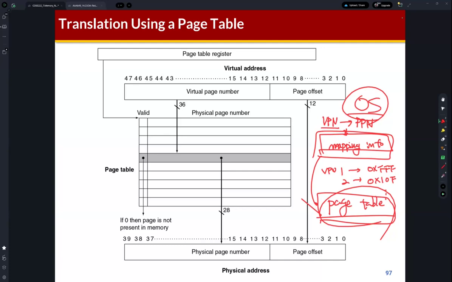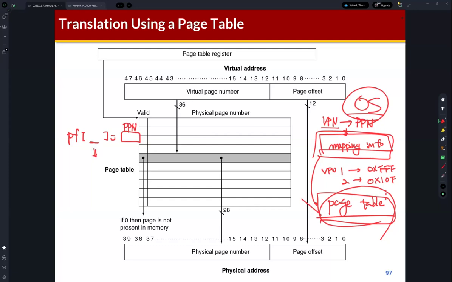So it looks like this. The page table is an array, right? And this page table includes some information, a mapping information like the physical page number. Then what is the index of this page table?